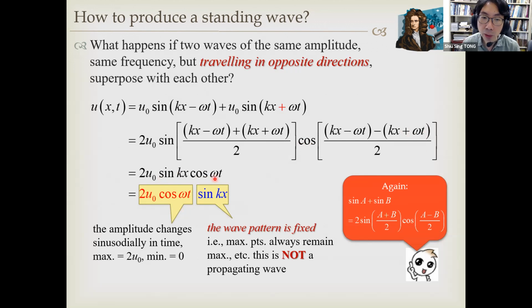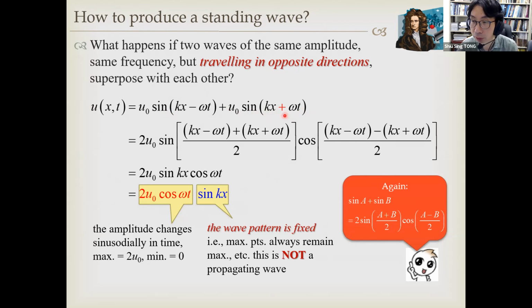Okay, so you now have this dependence in space and time. It is equal to the product of the sine factor, which is spatially dependent, and a cosine factor, which is temporally dependent. Now this is obviously not a traveling wave, because a traveling wave should have a factor that goes as sine of kx minus omega t or sine of kx plus omega t.